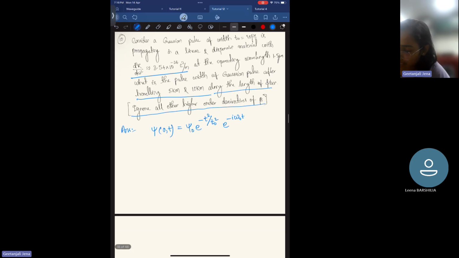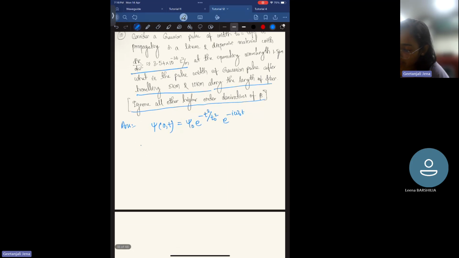For this type of pulse, we can write the final temporal width, T0 delta, as T0 times (1 plus z²/LD²) to the power half, where LD is T0² over beta 2.